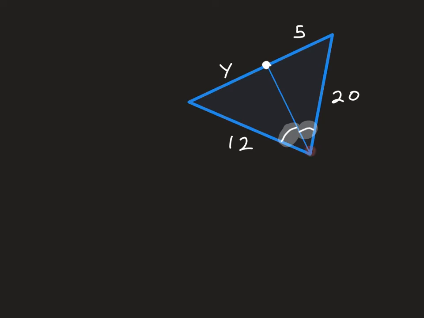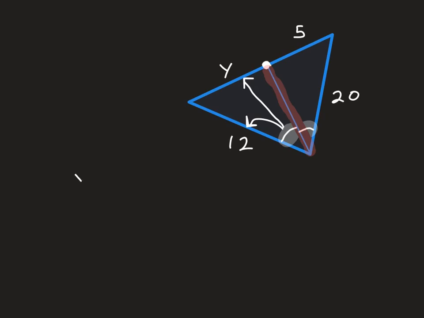I know that technically my angle bisector is that line kind of splitting the triangle into two pieces. And so now that I have those two congruent angles, I'm going to use the angle bisector theorem, which says to start from one congruent angle and write the opposite divided by the adjacent.